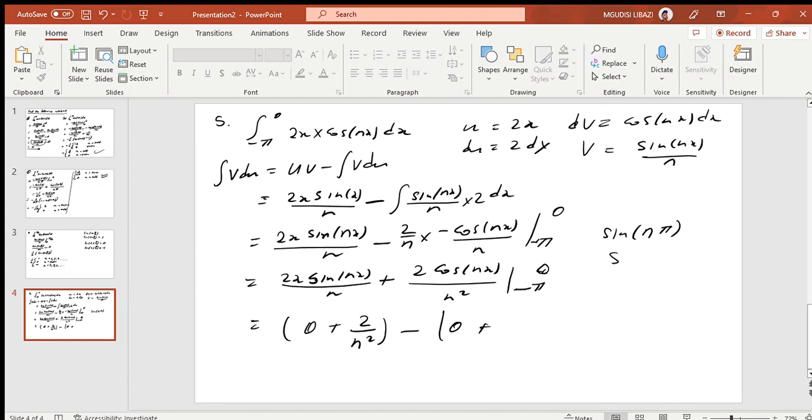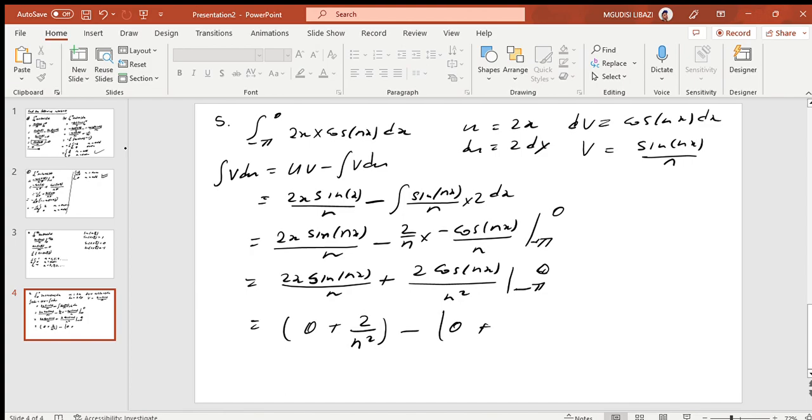So any number that you substitute, if you say sine of 1 multiplied by pi, that's going to give 0, and if you say sine of 2 times pi, that's going to be 0, etc. So that means due to that, that term will be 0 even if we substitute a negative pi.